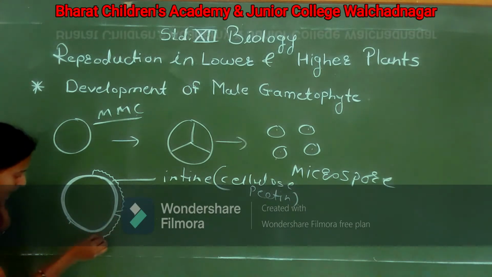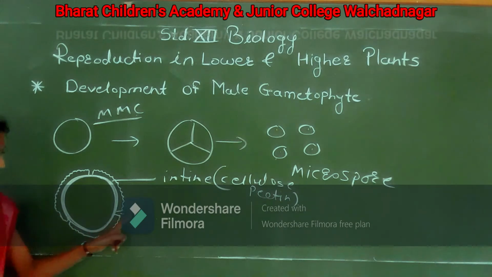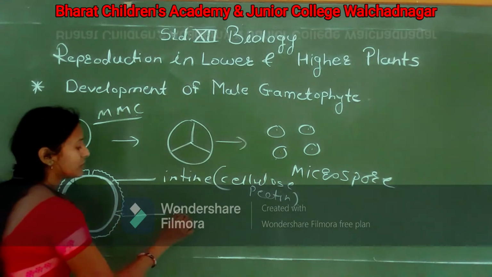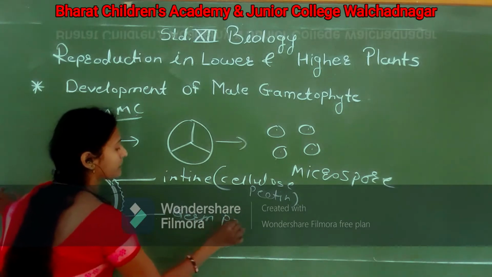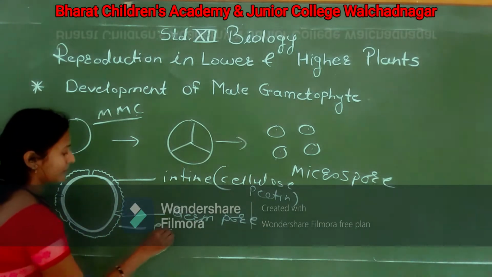It is a rough structure, and you can see some parts where the exine is not joined. This is the interrupted part, and it looks like a pore-like structure, and it is called a germ pore, and this is the exine.